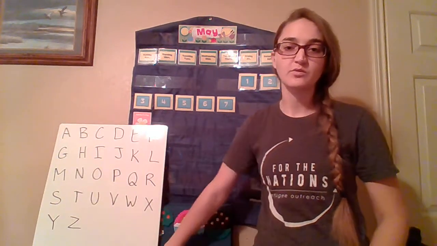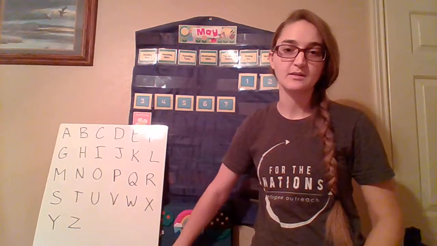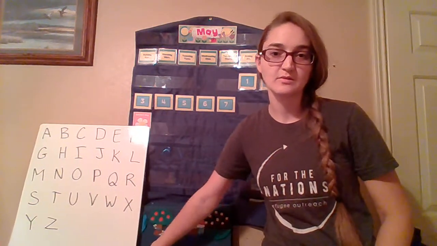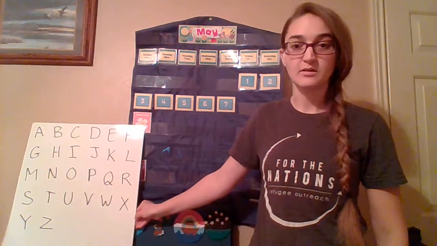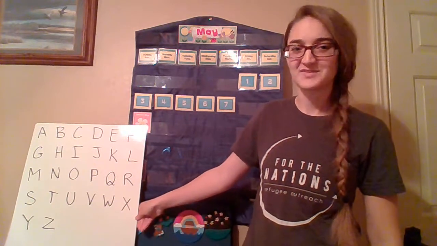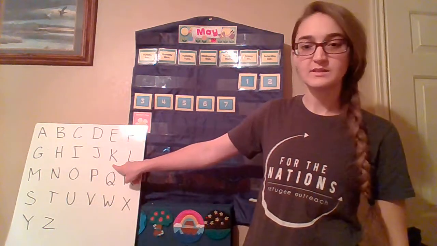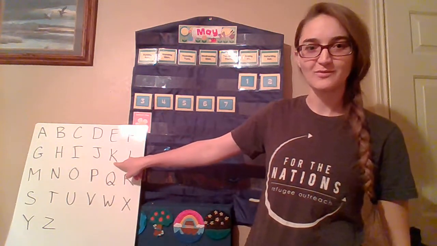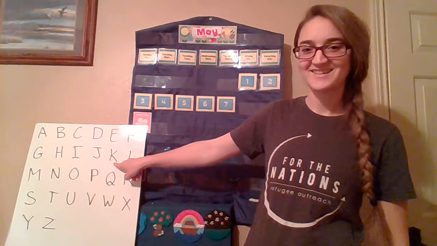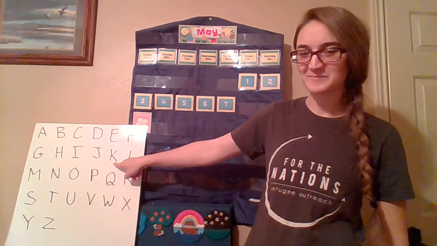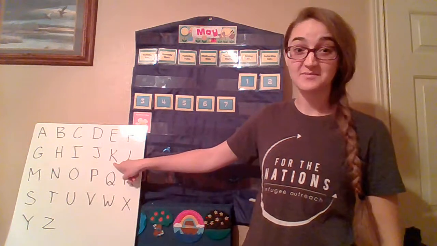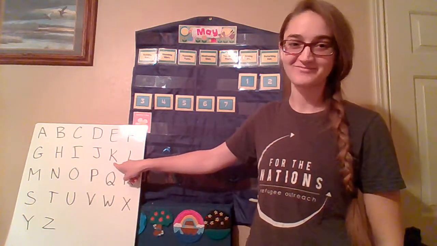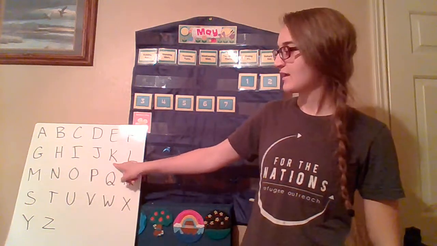Right. I know you all know that song, and keep practicing your letters so that you can look at them and know what they are. So if I point to this one, you know what letter is that? It's K. Some of you have names that start with the letter K. You know who you are.